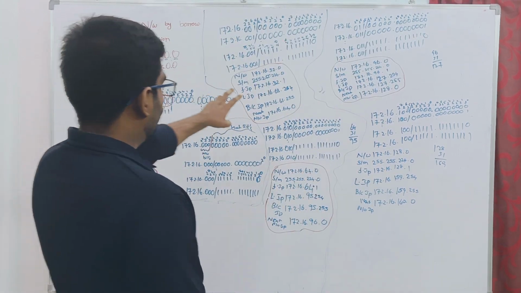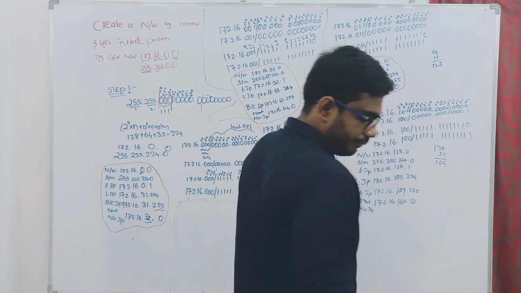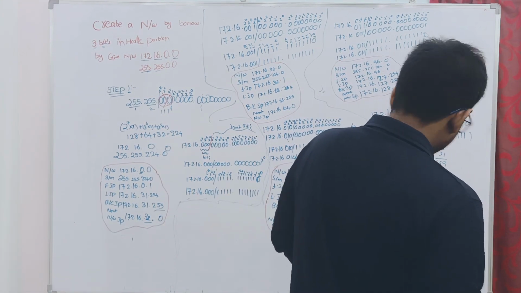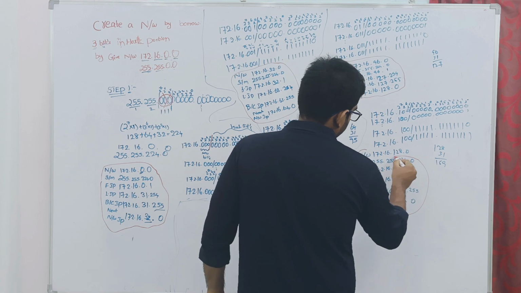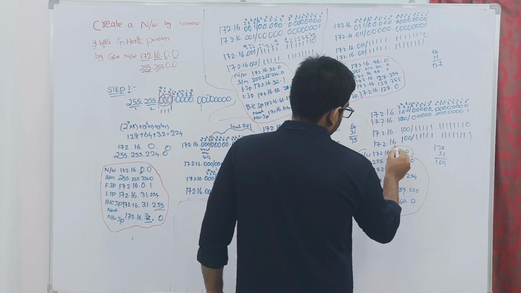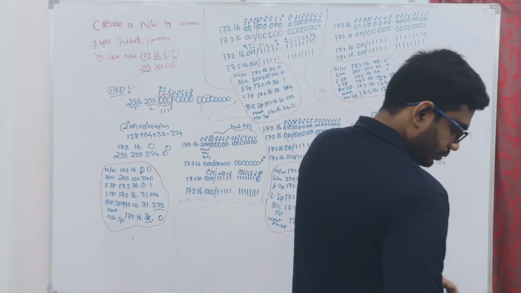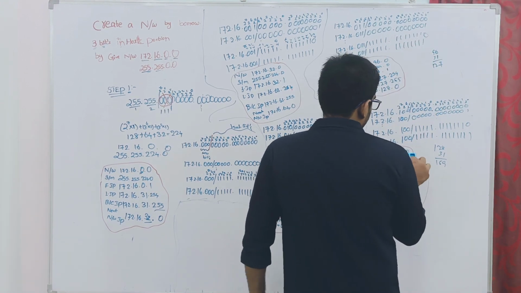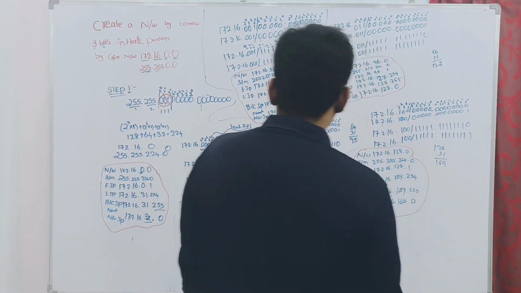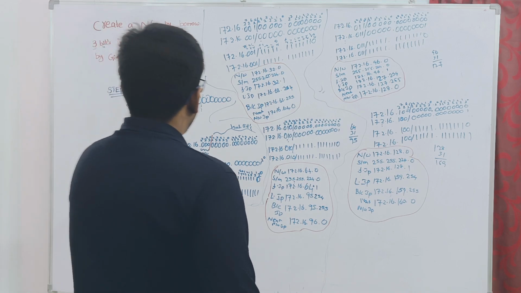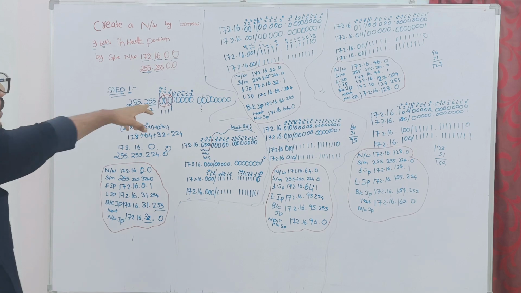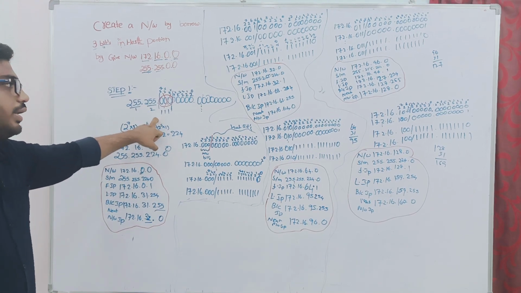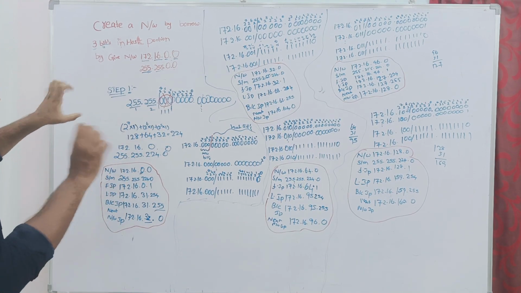How many networks did I find? So 1, 2, 3, 4, 5. Using this 3 bits, I am finding 5 networks.